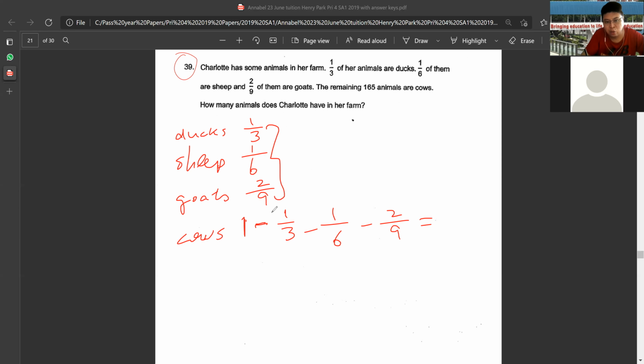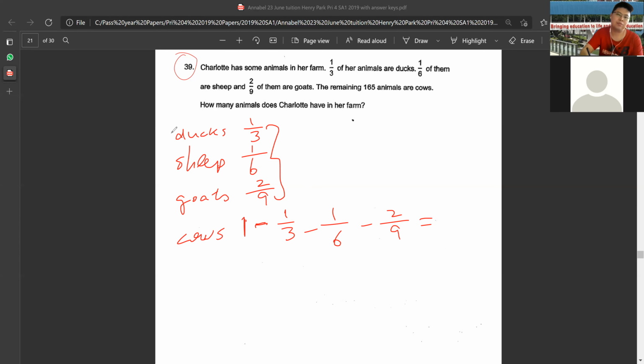You change the denominator to the same. Which is what? Not 12. For 3, 6 and 9, what's the lowest common multiple?